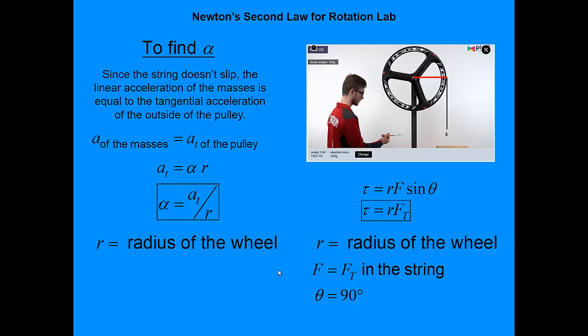In class, they're doing this in a slightly different order. They're actually getting the angular acceleration because our rotary motion sensor can make angular velocity time graphs, the slope of which is the angular acceleration.